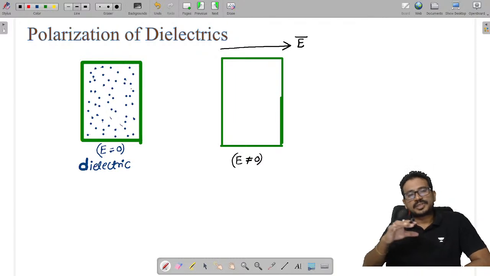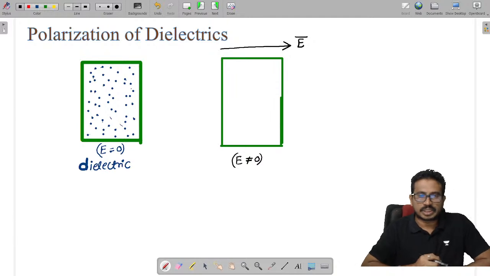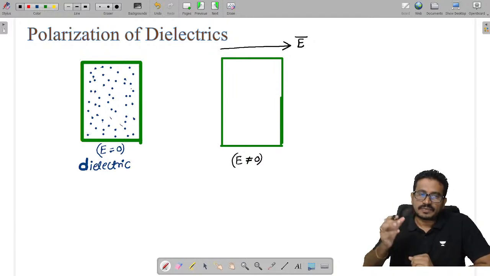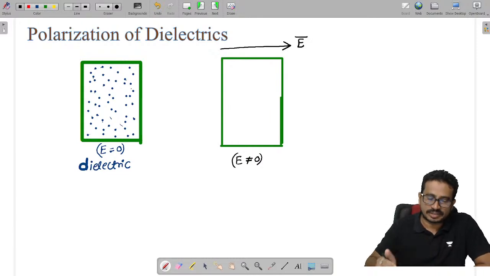Now this dielectric also contains charges, but those are bound charges. In a conductor we have free charges available, but for a dielectric there are no free charges.